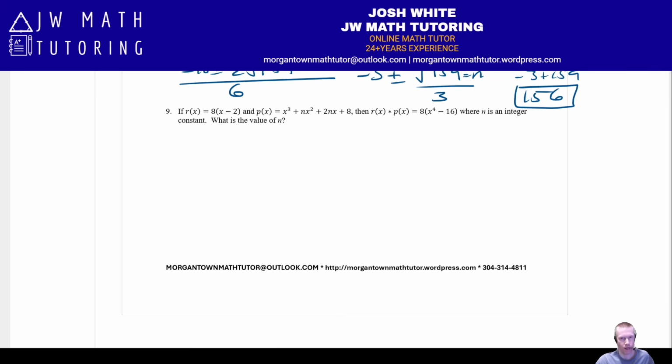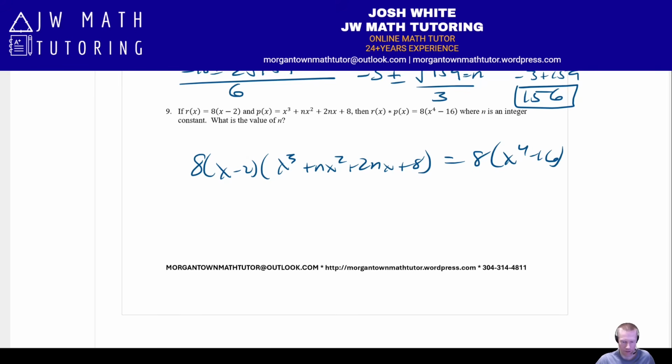Basically, you're given two polynomials and you're told what their product is, and one of them has a constant in it, and they want to know the value of this constant. So in other words, 8 times x minus 2 times x cubed plus nx squared plus 2nx plus 8 is equal to 8 times x to the fourth minus 16.